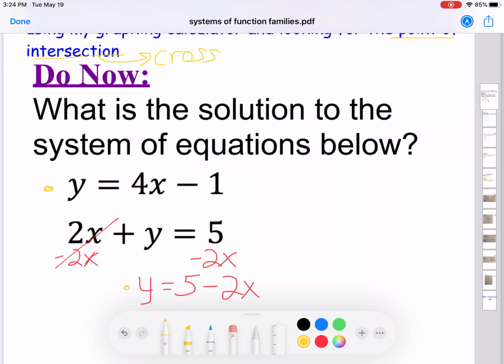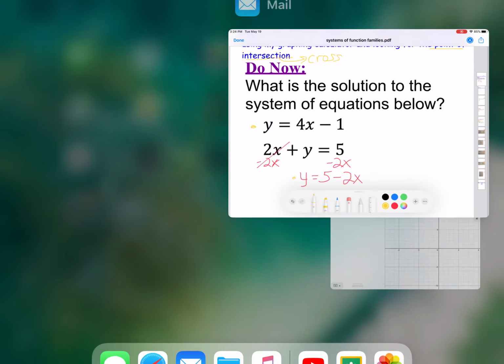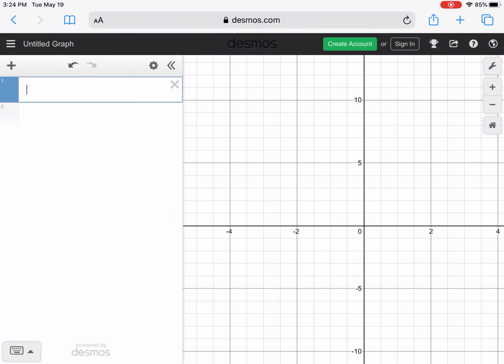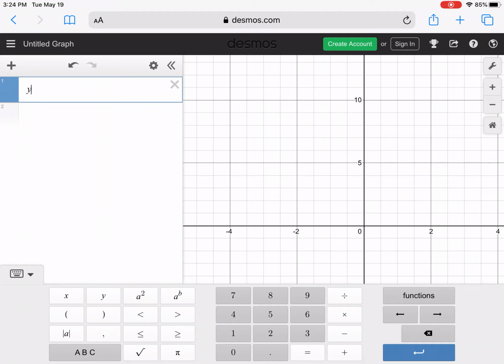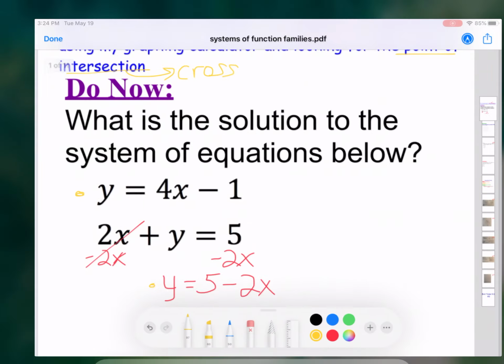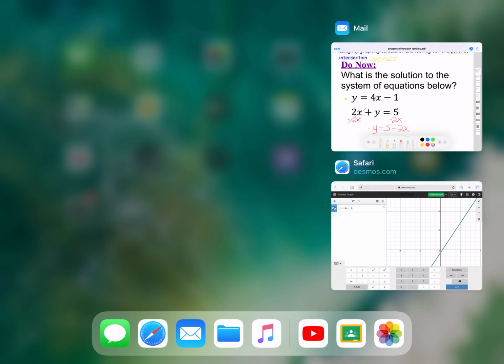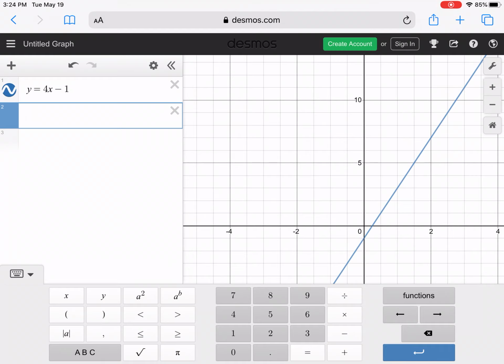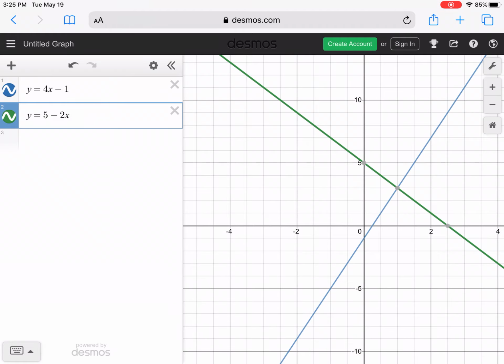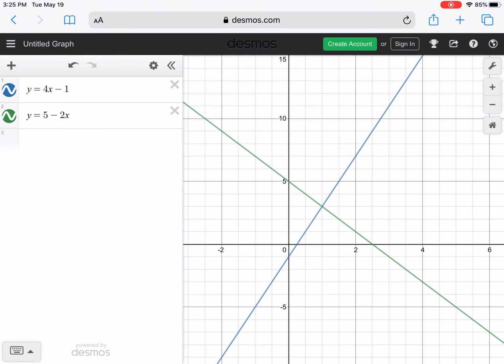So let's pull up our graphing calculator and graph these at the same time. So we'll start with our first function, y equals 4x minus 1. And then we'll get to our second function, which is y equals 5 minus 2x. Again, a system of equations means that we have two, so you'll notice that we have two graphs here.